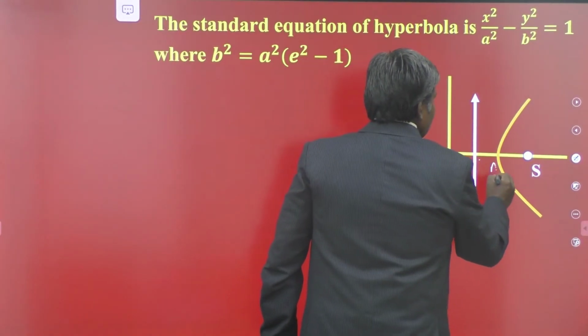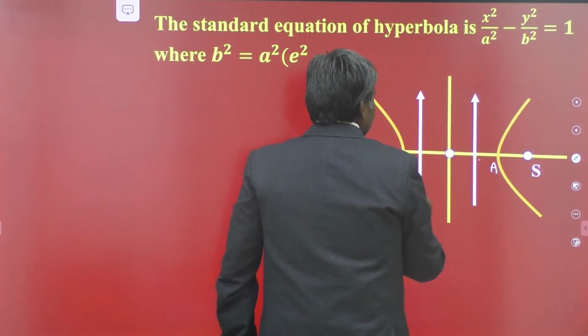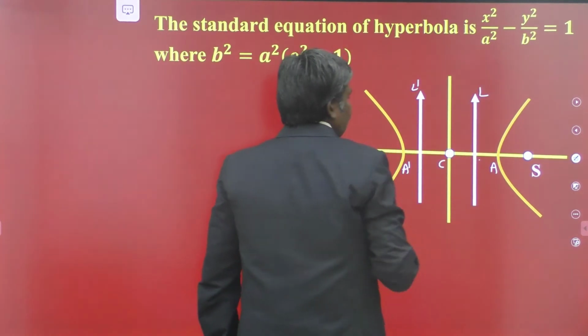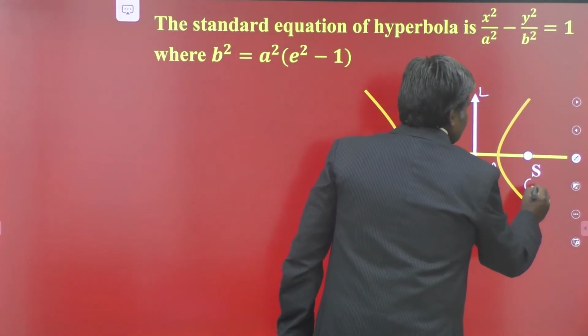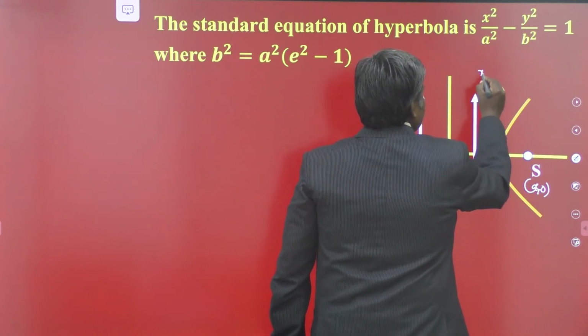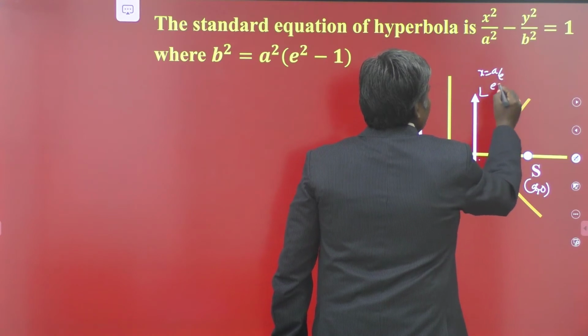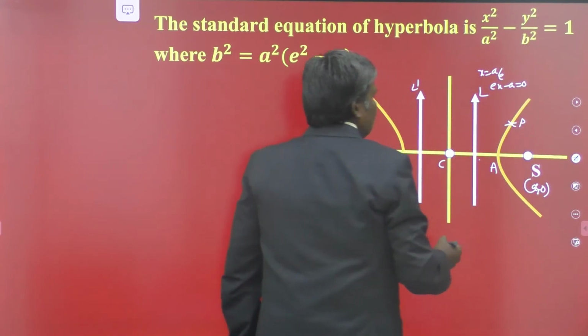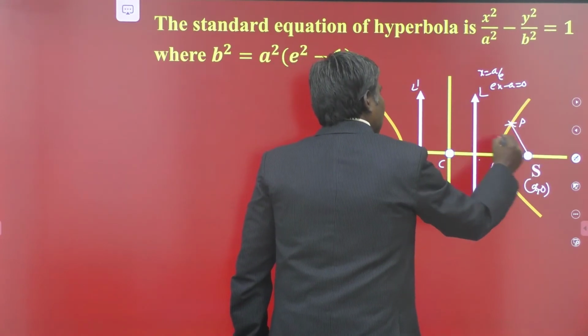So this is A here, this is A dash, this is your C, this is L, this is your L dash. We have the coordinates of focus are AE comma 0 and directrix is x is equal to A by E, that means Ex minus A equal to 0. Let P(x1, y1) be any point on hyperbola.